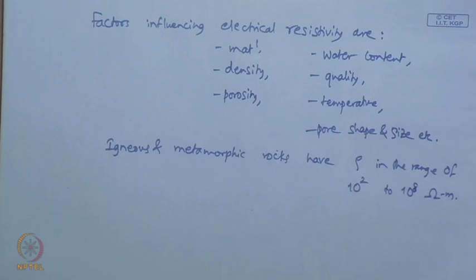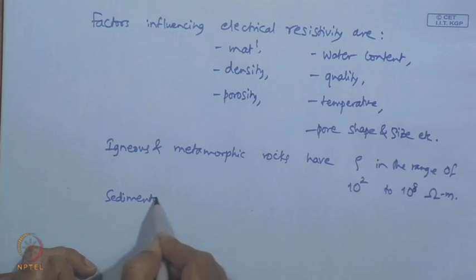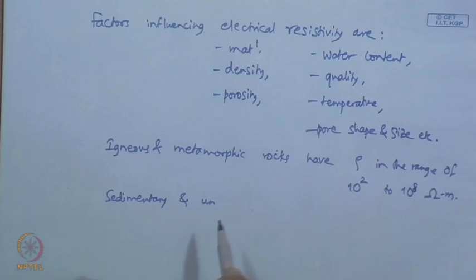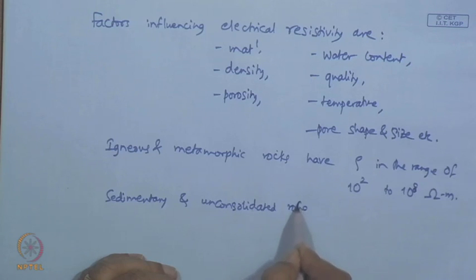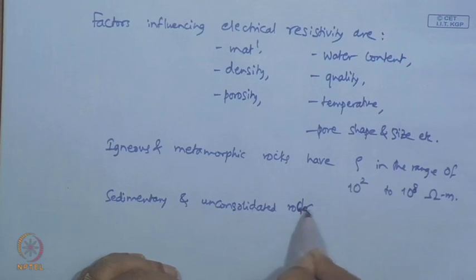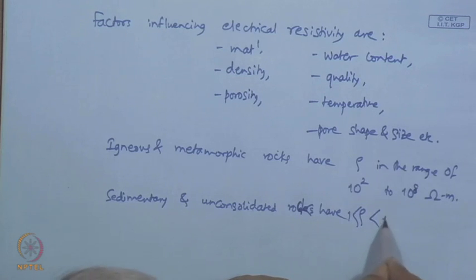On the other hand, sedimentary and unconsolidated rocks have rho varying between 10 to the power 0 and 10 to the power 4, that is 1 to 10,000 ohm meters.